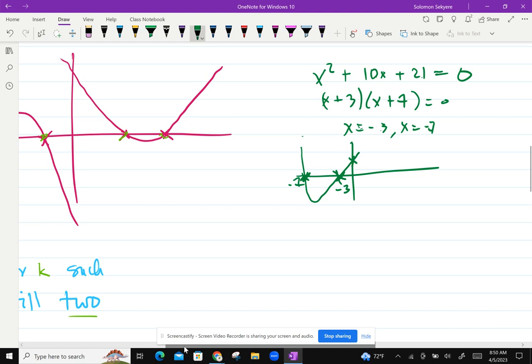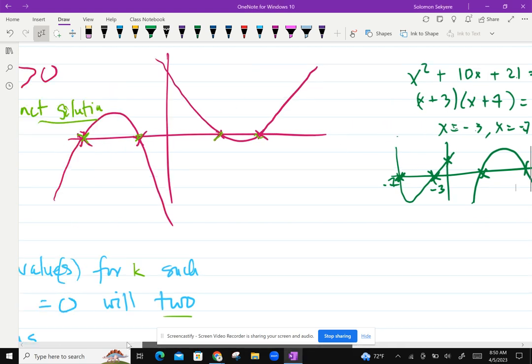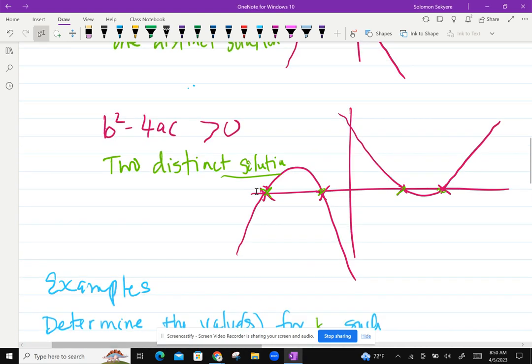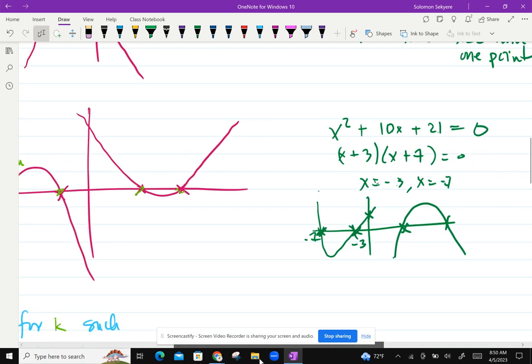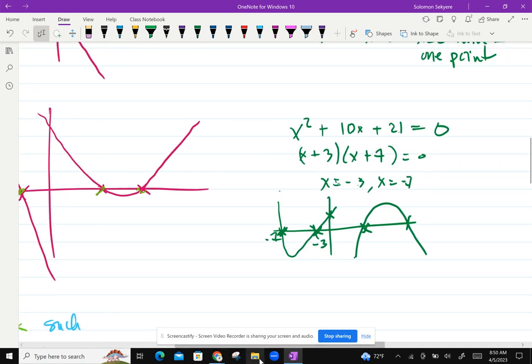For the ones where the curve crosses the x-axis, how do we know from the discriminant? If we evaluate the discriminant and get a number greater than 0, we know it has two distinct solutions, negative 3 and negative 7 as an example.